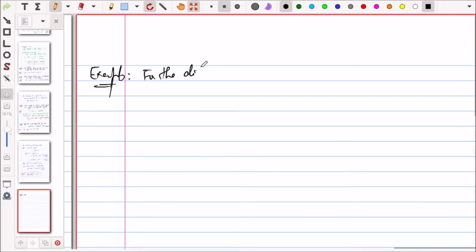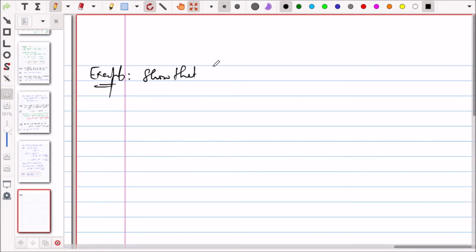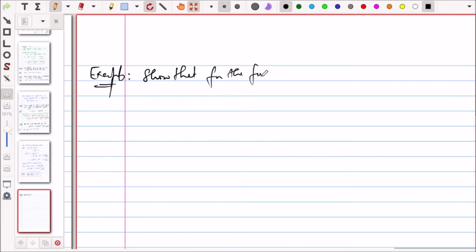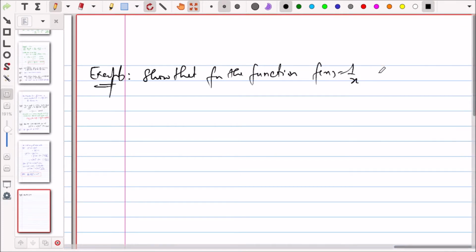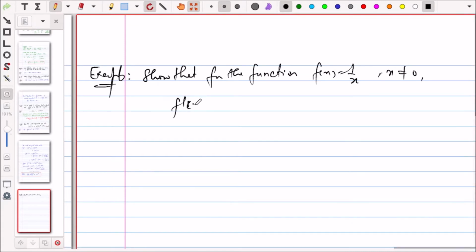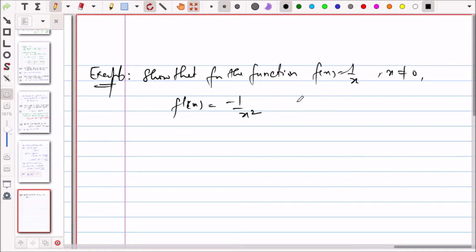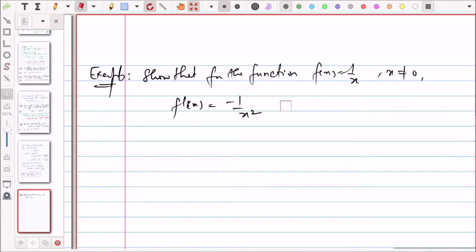For the differentiable function, okay, show that for the function f x equal to 1 by x, x not equal to 0, f dash x is equal to minus 1 by x square, for every x not equal to 0.